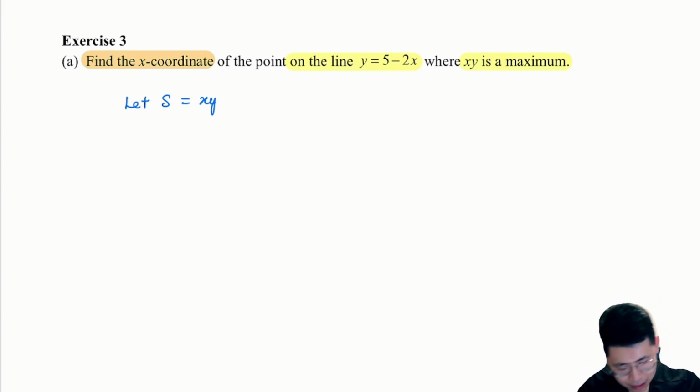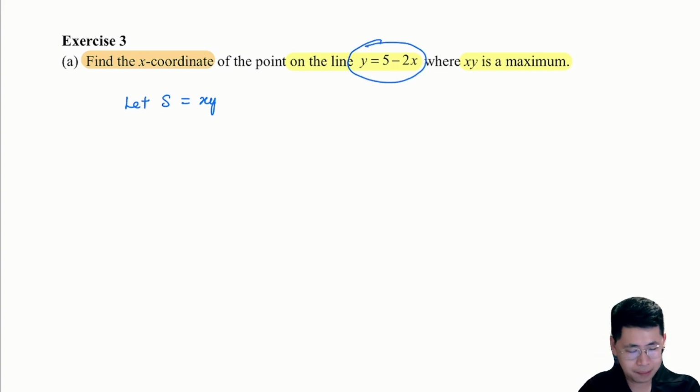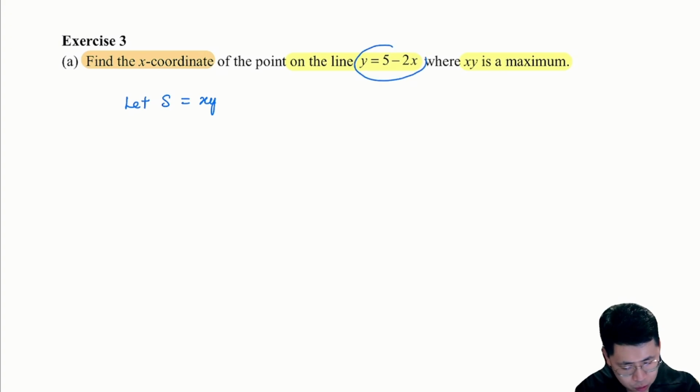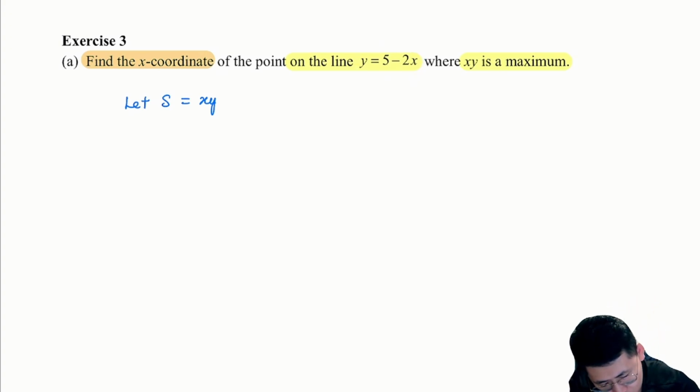Okay, now then, because right now we have two variables, I think we should write this as one variable, and the y is actually on this line, correct? So technically I will just replace y with just this expression over here. So s equals to x times 5 minus 2x, right?